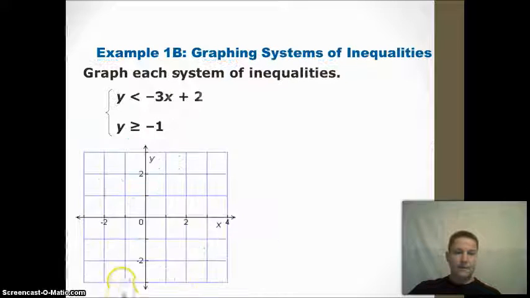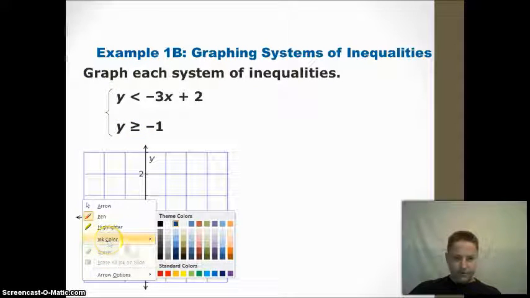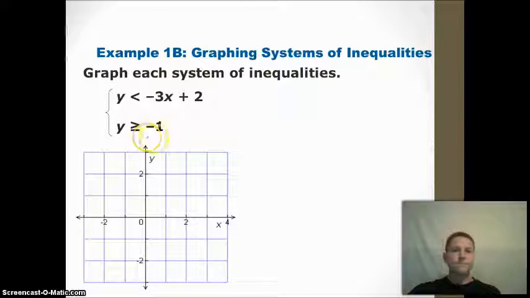Okay, next example. Alright, so y is by itself on both of these also. So let me pick a different color than yellow because that one didn't show up very good. We'll pick purple. Alright, so y is less than -3x plus 2. So the y-intercept is 2.